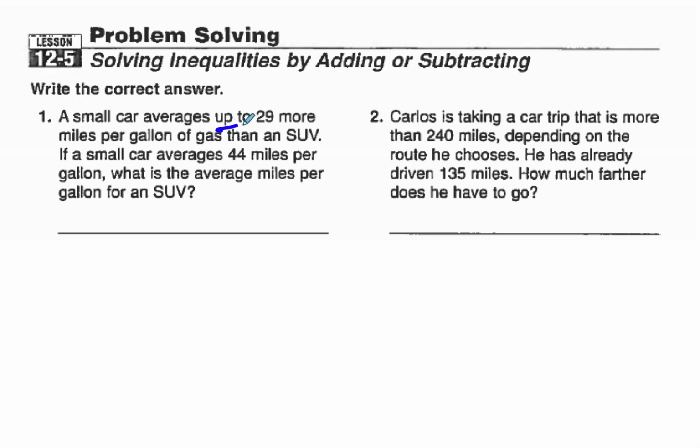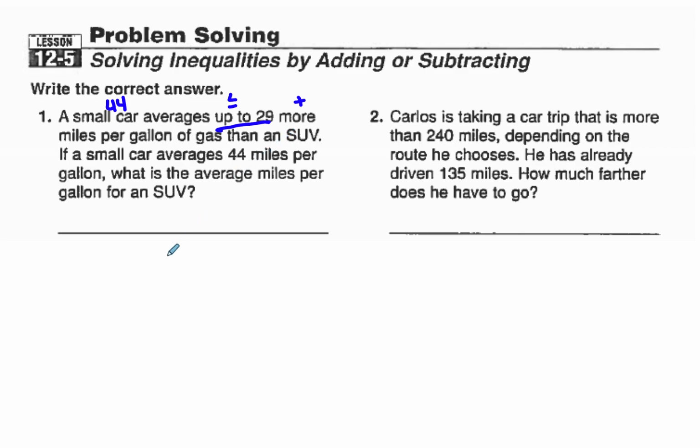It's going to be the up to. All right. Small car is our 44. Up to means it's going to be less than or equal to. It can't be more than up to. And then 29 more miles. More means we're going to add than the SUV.